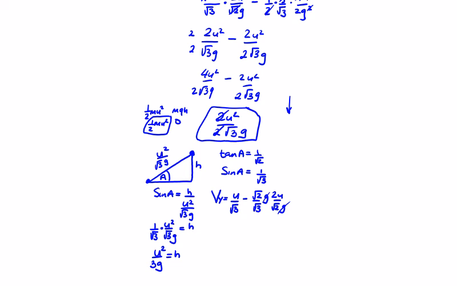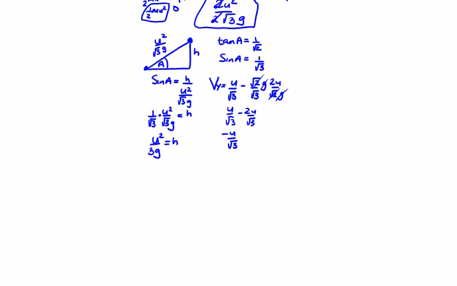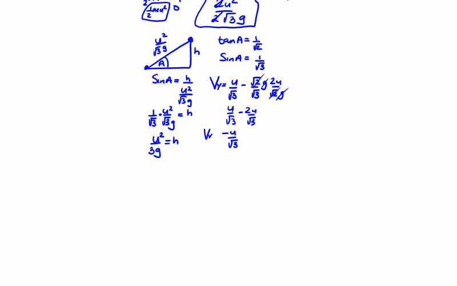So we'll end up with u over root 3 minus 2u over root 3. So a u minus a 2u is going to be a minus u over root 3. The velocity at impact, the velocity in the y direction.